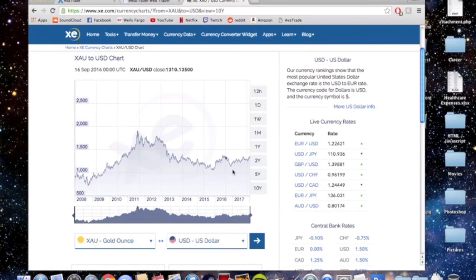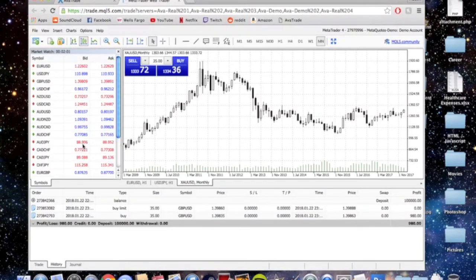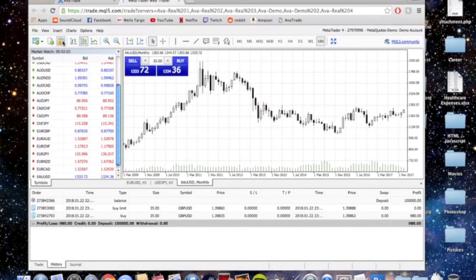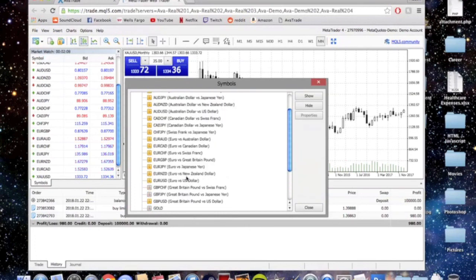It's a very stable thing to invest in. So if you're looking for more stability, gold is actually something decent to invest in. But that's interesting that you can trade gold on here too. So that's good to know. What other weird things do they have in here? Gold, silver. That's about it.